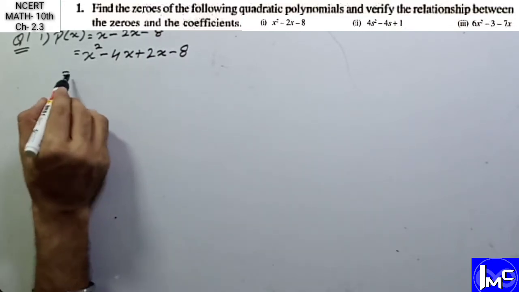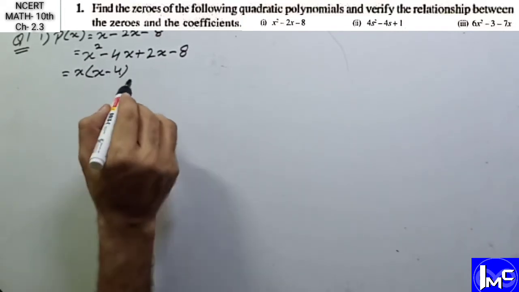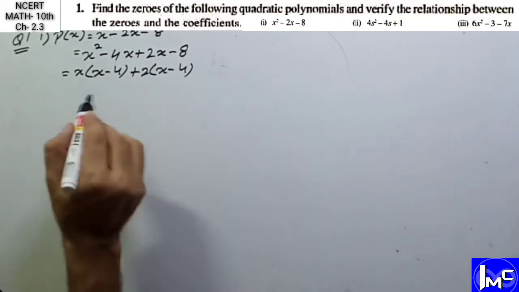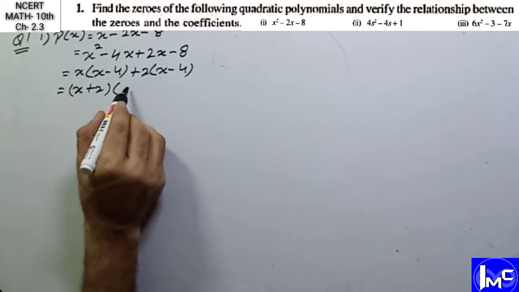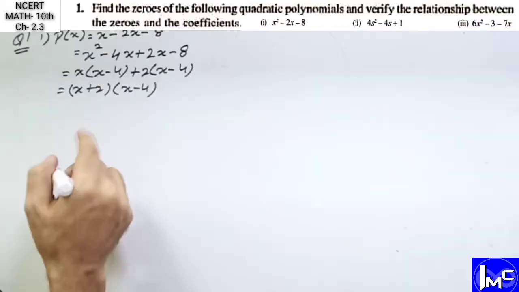Taking x common from the first two terms, x minus 4 is here, and 2, x minus 4 again, so (x plus 2)(x minus 4). These are the factors.